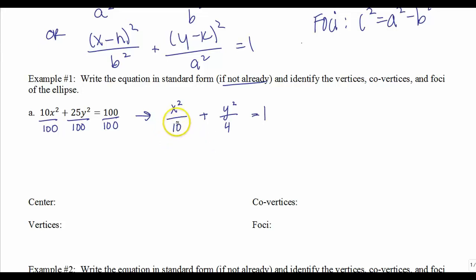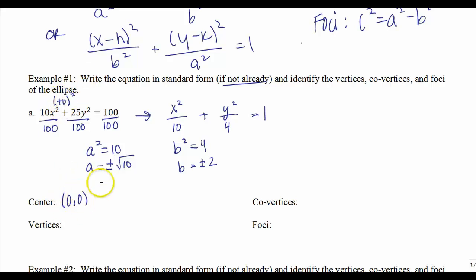So a is the bigger number, so a^2 = 10, so a = plus or minus square root 10. Can't reduce it. And b^2 = 4, so b = plus or minus 2. So our center, well, it's just x^2 and y^2, and that's really like (x + 0)^2. So we've got (0, 0) for the center, which is always wonderful.